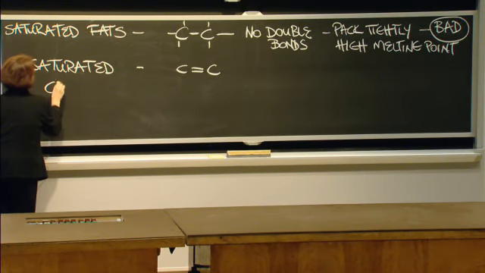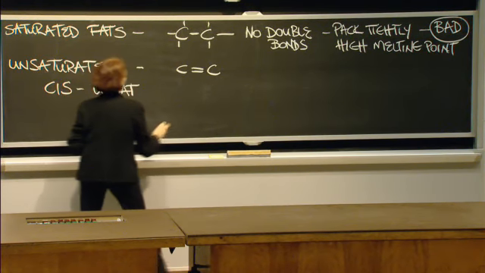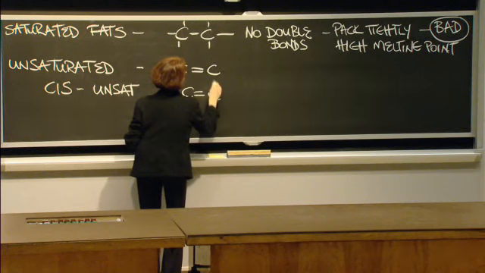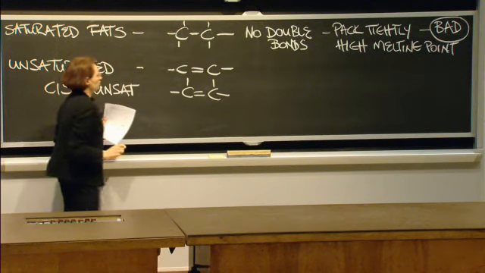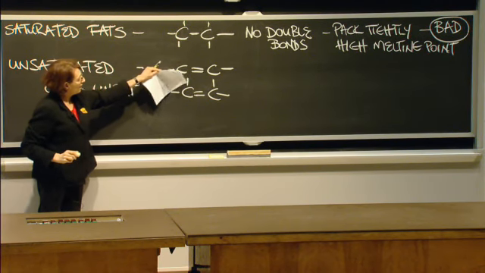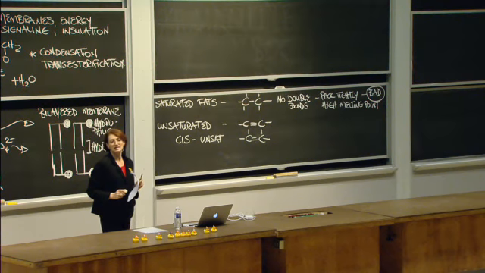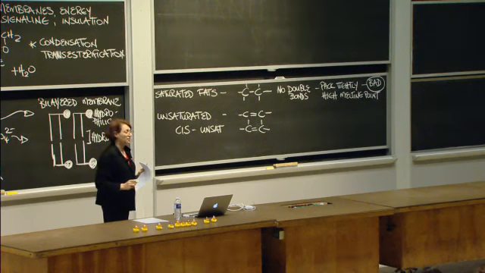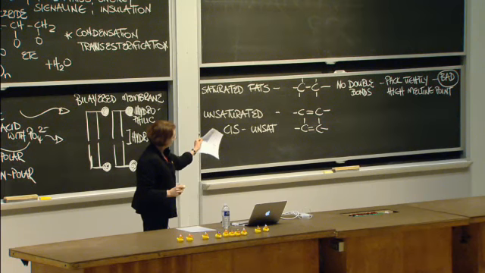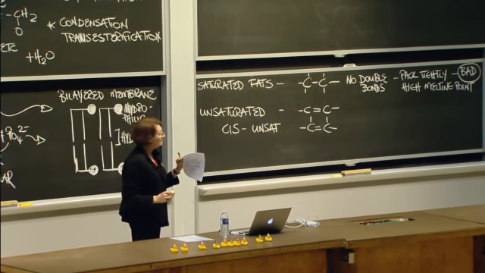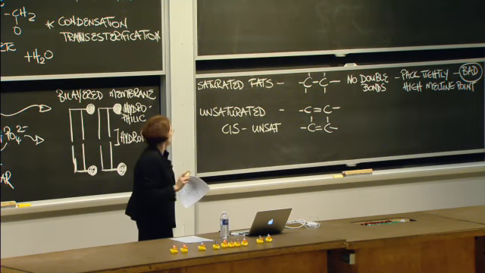There are cis unsaturated fats, where, let's just put in some extra bonds here, the other bonds that are available to the carbons are on the same side of the molecule. And you remember that there's no free rotation around a double bond. So if that molecule looks like that, it is stuck that way. Or if it's synthesized that way, it's stuck that way.